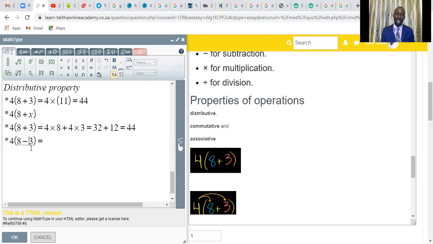And when we simplify that, we will be having a 4 times, okay? A 4 times. Now, these quantities inside the bracket can be simplified because we know that 8 minus 3 is 5. And so we can have that. This then simplifies into 20.